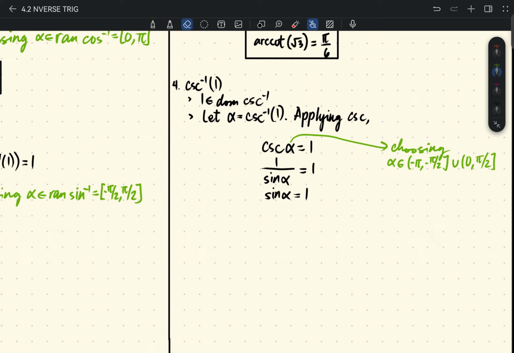And within this interval, we only obtain one value, which is alpha equals pi over 2. So therefore, we have cosecant inverse of 1 equals pi over 2.